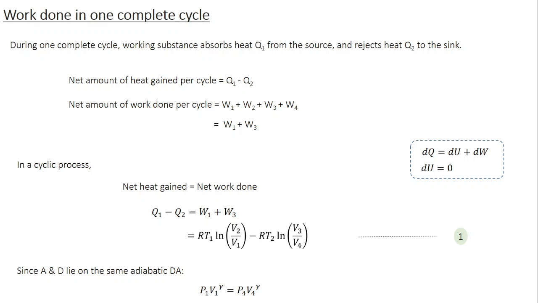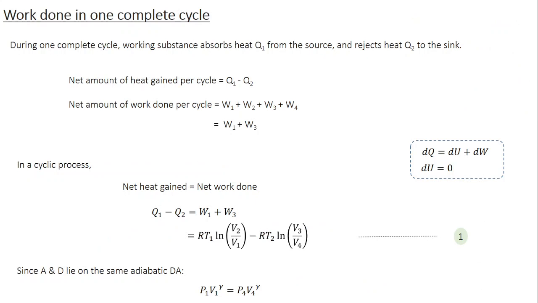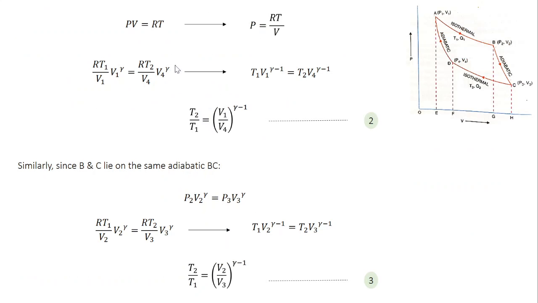So we can write P4 V4 to the power gamma equal to P1 V1 to the power gamma. Now, since we are talking about an ideal gas, PV equals nRT, but we consider 1 mole of gas, so PV equals RT, or P equals RT divided by V.